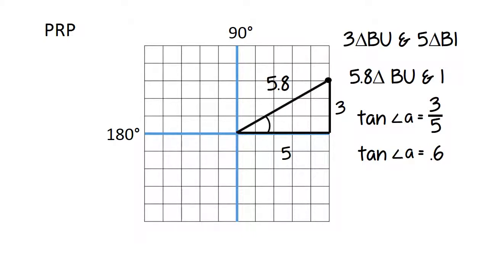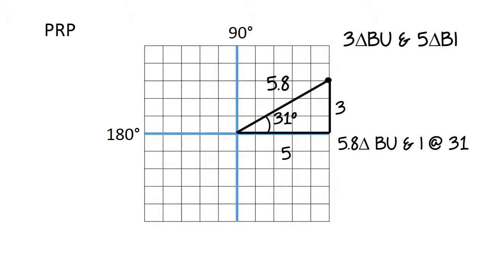Now, to get from 0.6 to an angle measurement, we have to take the arctan, the arctangent, which is the inverse of the tangent. You just plug that into your calculator and come out with approximately 31 degrees. That angle is approximately 31 degrees.